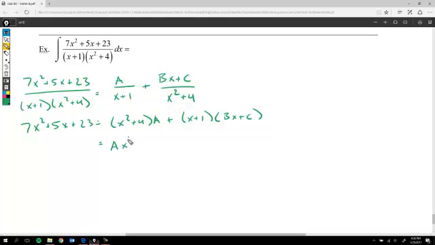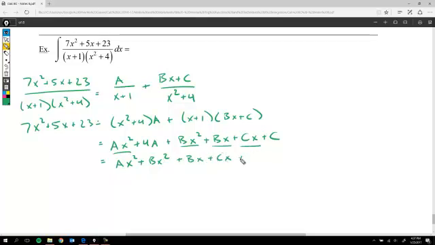So I have Ax squared plus 4A plus Bx squared plus Bx plus Cx plus C. Right, and again, I'm going to combine like terms. I'm going to group. So I have Ax squared and Bx squared. Then I have Bx and Cx. And then I have 4A and C. Right, so those are my constants. So here are my quadratics. Here are my linears. Here are my constants.